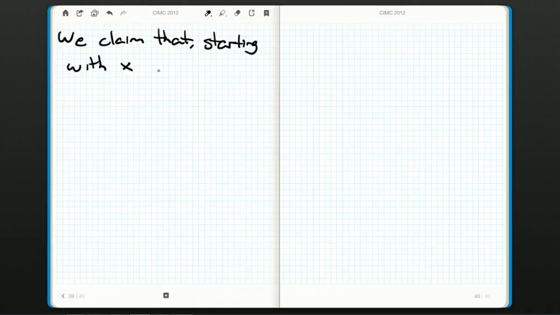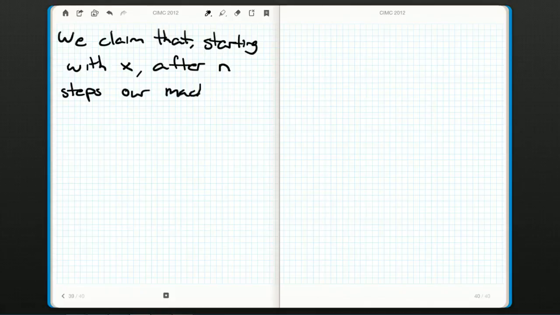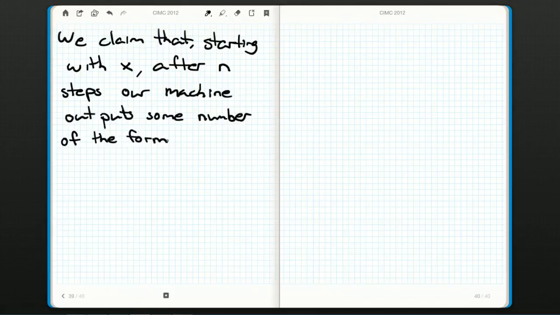So if we start with a value of x, after n steps, our machine outputs some number of the form, well, let's just keep it simple.